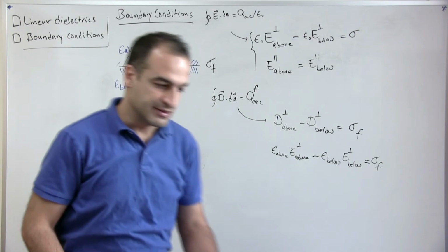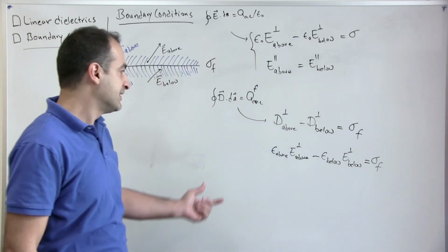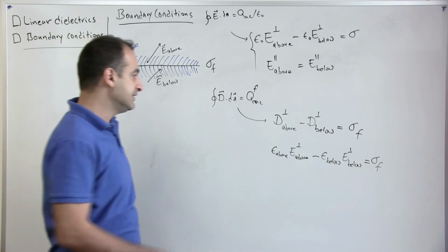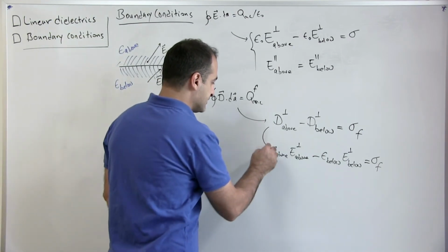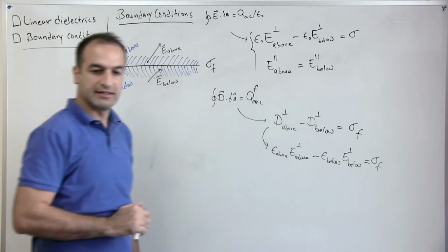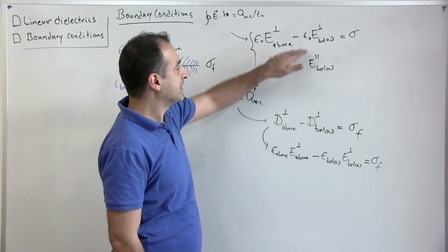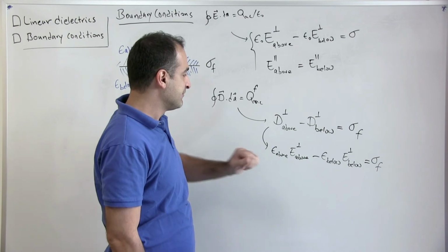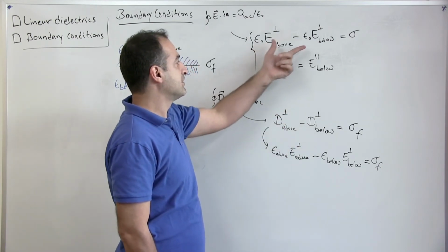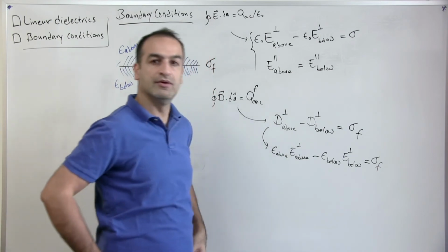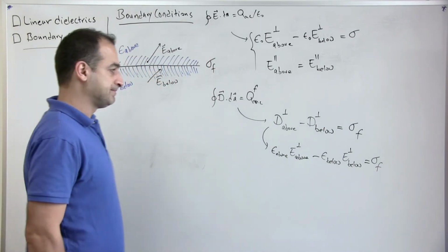So this equation already tells us the discontinuity in the normal components of the electric field. It has a very similar shape to what we had before, with the difference that instead of epsilon naught and epsilon naught, we have the epsilon of the dielectric above and the epsilon of the dielectric below.